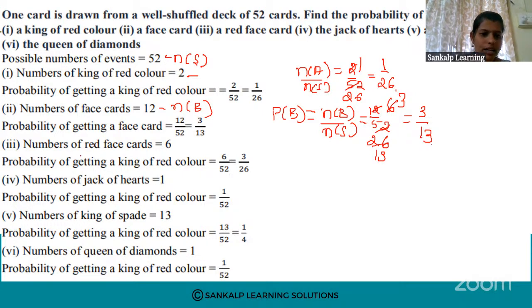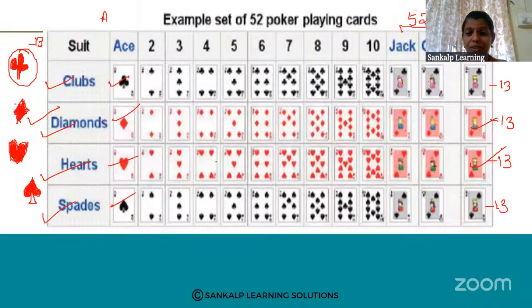Next, number of red face cards. Red face cards. Okay, how many red face cards are there? In one set there will be 3 face cards. How many red color sets are there? There will be 2 red color sets and 2 black color sets. So in 2 red color sets, how many face cards does it have? 1, 2, 3, 4, 5, 6, 6 face cards we get.